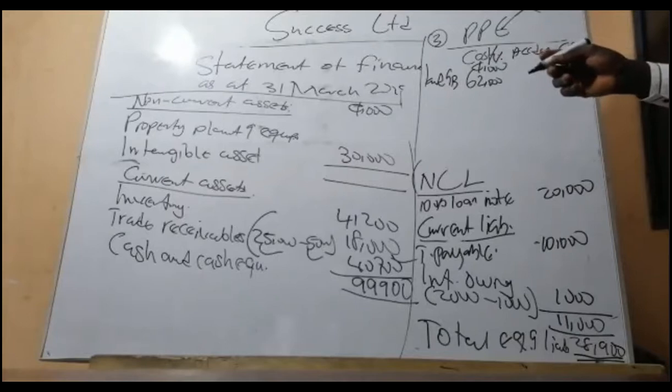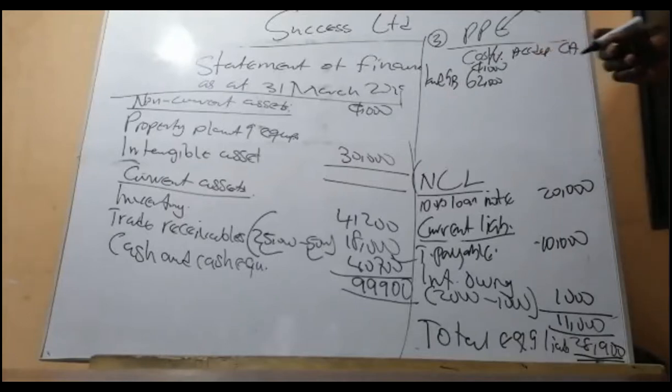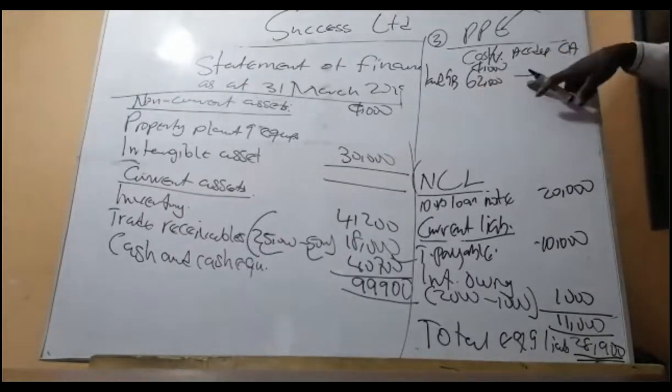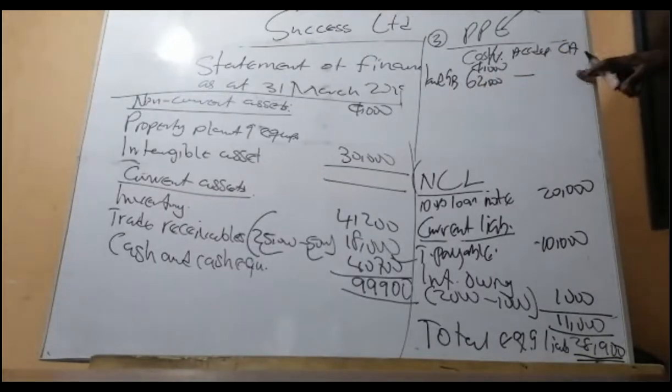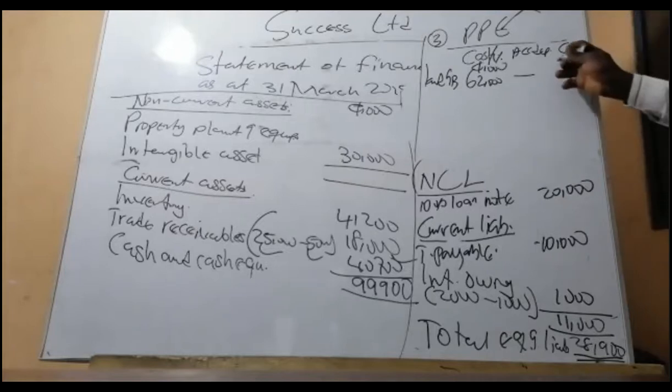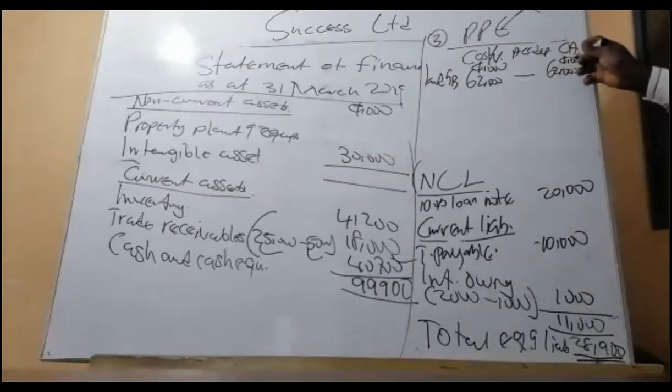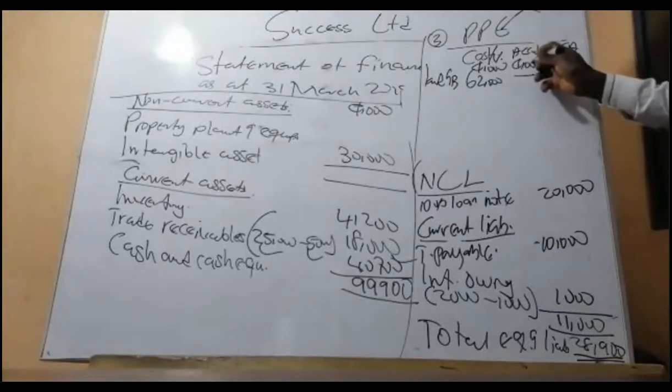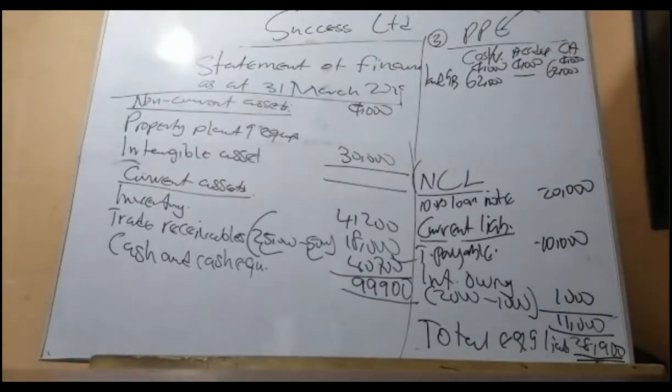Not at all, so dash. This figure, less the accumulated depreciation, will give us the net book value. I will call it carrying amount, but that's the net book value. So 62,000, and don't forget your currency heading and the three zeros.